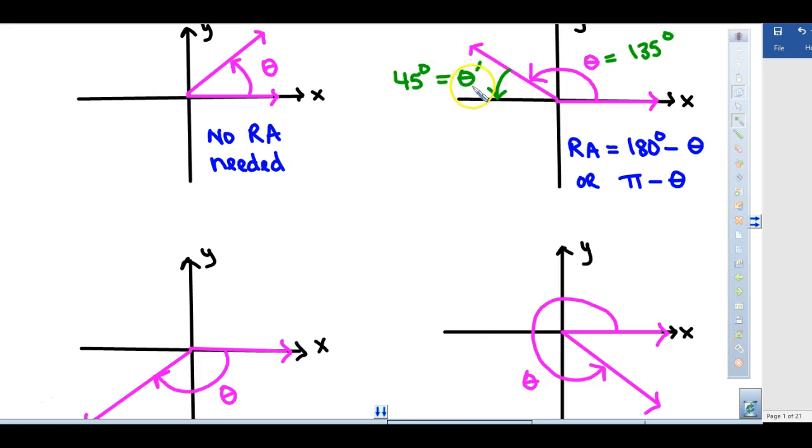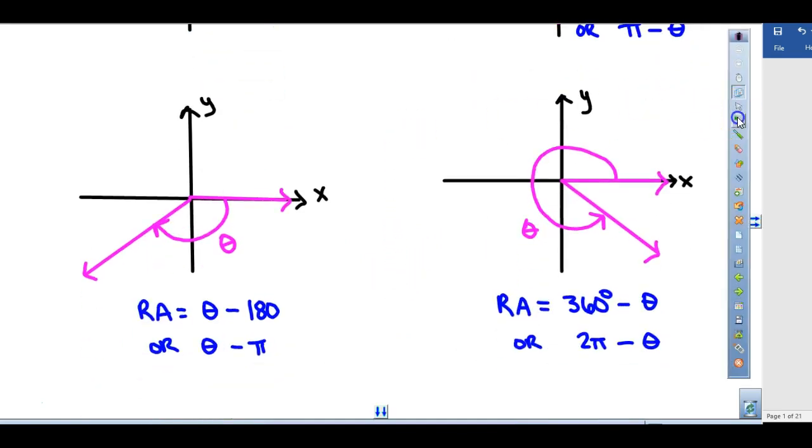So my reference angle would be 45 degrees. A lot of times we use this little notation of theta prime, that little accent mark. We'll call it theta prime to mean the reference angle. So really your reference angle is how close to the x-axis you are, and that way you don't really have to memorize formulas.